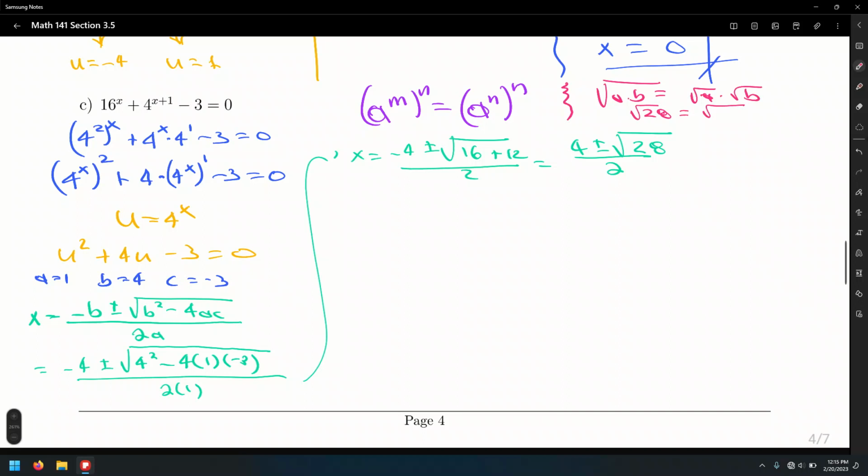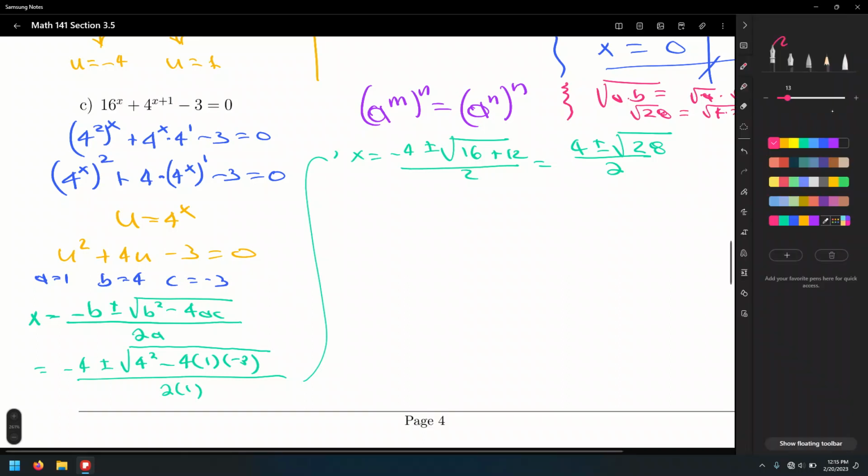The remaining number doesn't have to be a perfect square. All we do ultimately is leave the result as the square root of the perfect square times the remaining radical. 28 happens to be 4 times 7, the square root of 4 is 2, times the square root of 7, and we'll leave it like this.